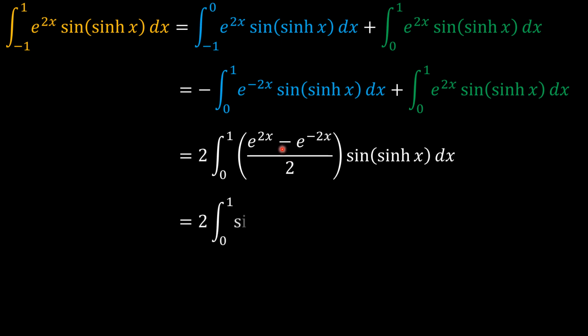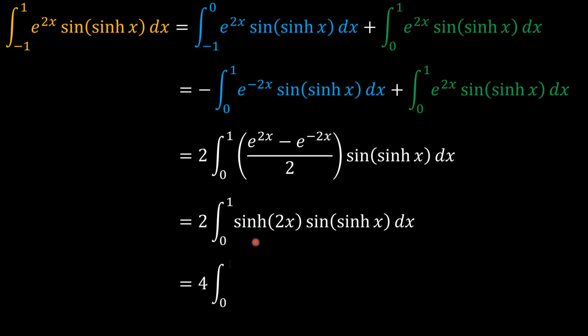This expression here is the same as, there's a minus here. This expression becomes sine of hyperbolic sine of 2x times sine of the hyperbolic sine of x.